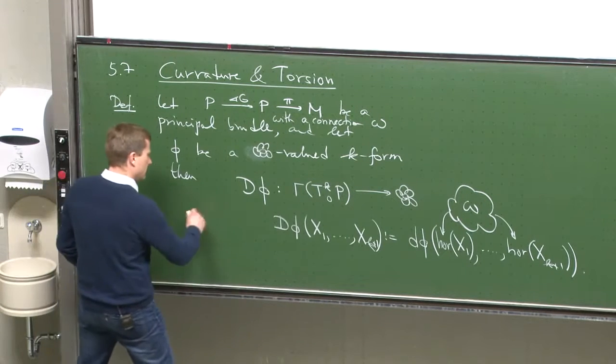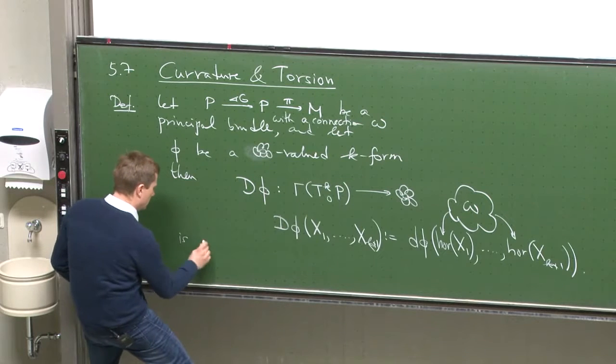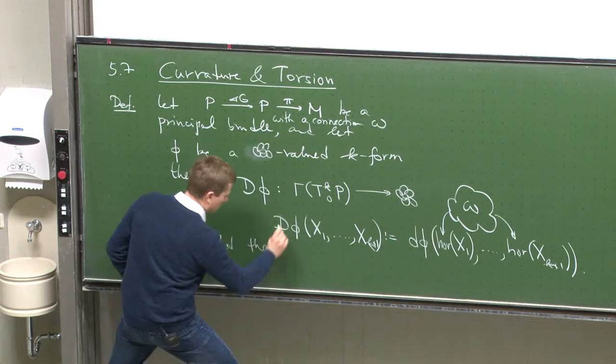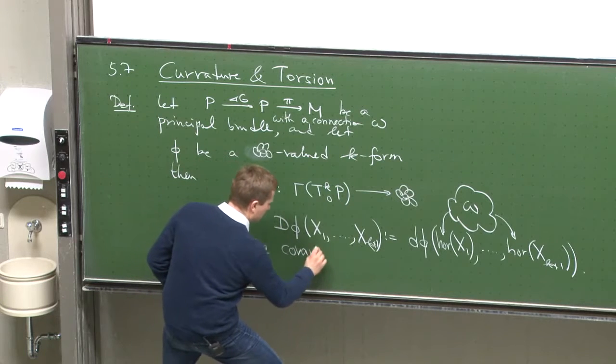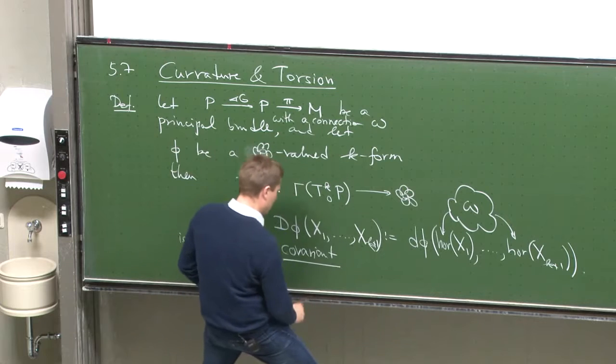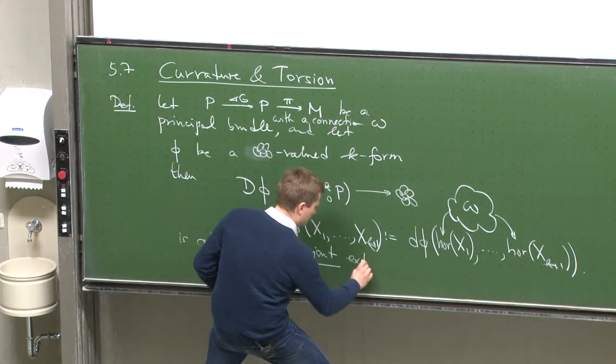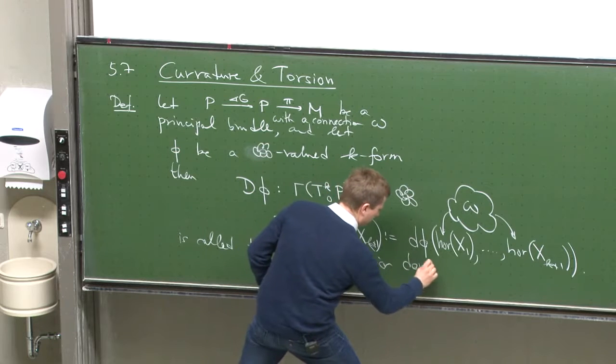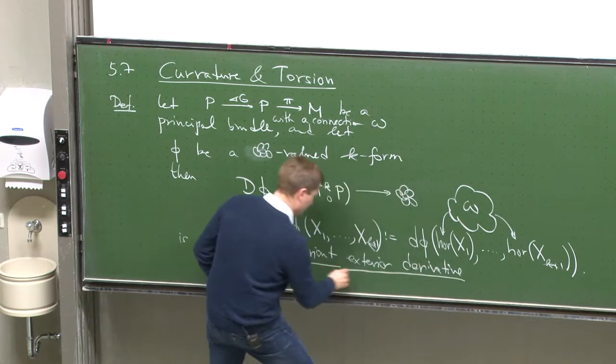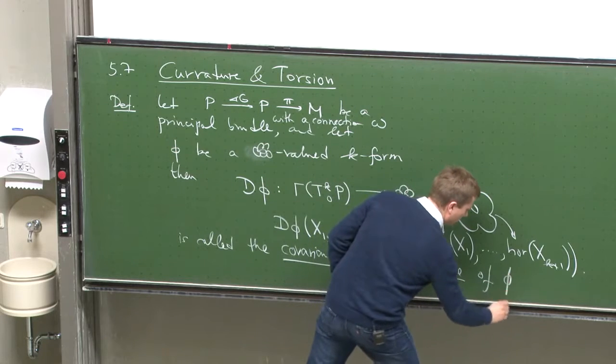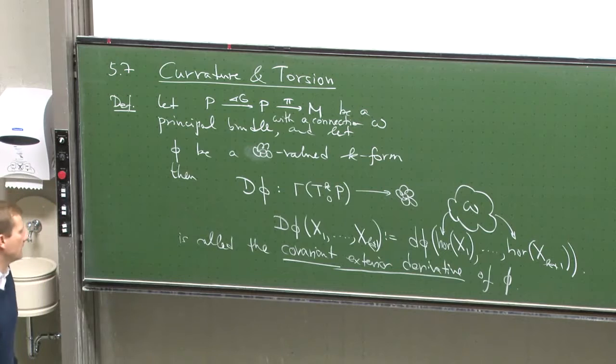So this map is called the covariant exterior derivative, the covariant being the qualifier, of the K-form phi. Okay, so this is an incredibly useful definition, and of course, for actual calculations, we'll figure out how to represent this horizontal projection by some more explicit expression.